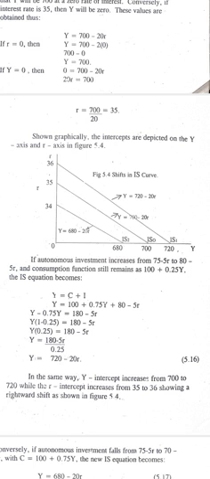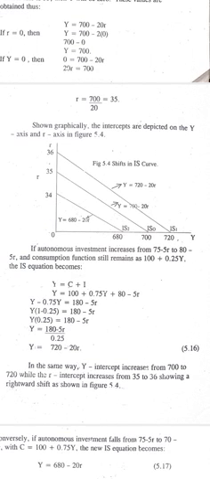So what they're trying to say is that when investment increases, you remember that the IS curve will shift to the right. When the income level increases, the IS curve will shift to the right. But if it decreases, it shifts to the left.